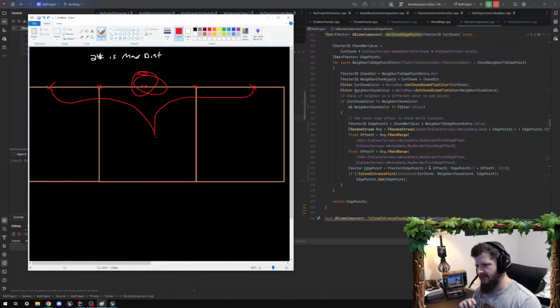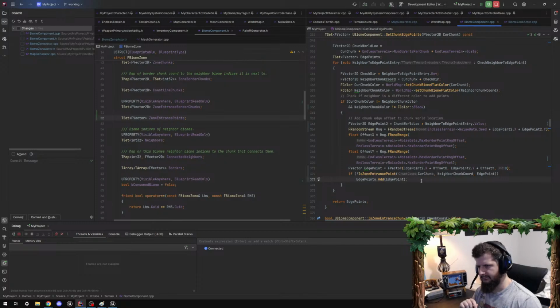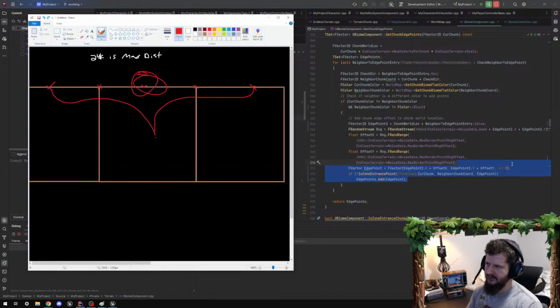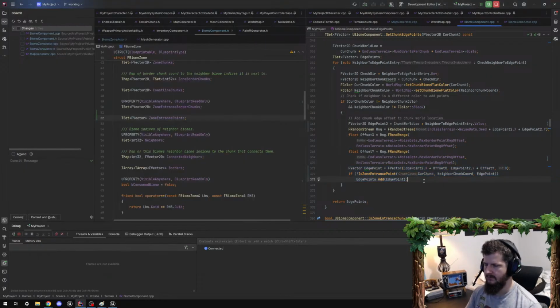Yeah, so maybe we don't actually... I still calculate which ones are zone entrance points, but I'm not going to omit them. I am not going to omit them.